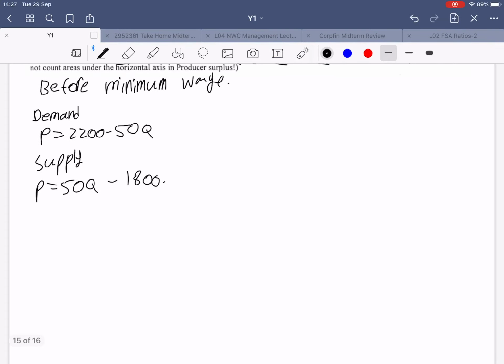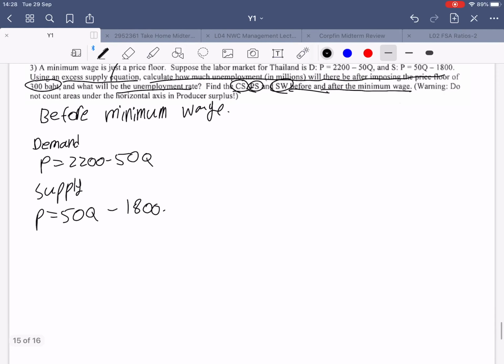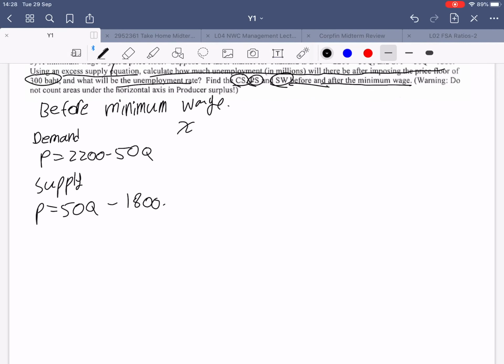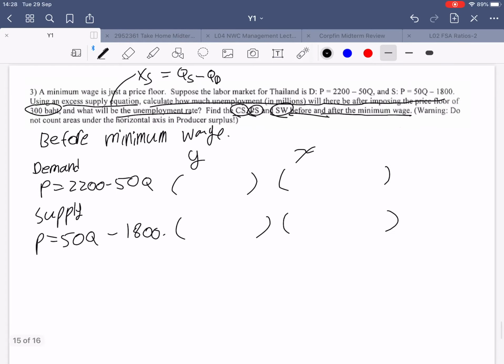Okay, so as we know the equation, we can find the x-intercept and y-intercepts. The y-intercept is going to be 2200, and the x-intercept, as P is 0, is going to be 44 and 0.